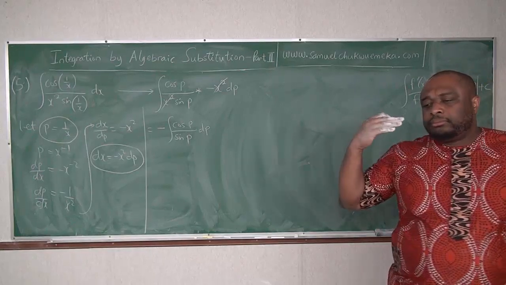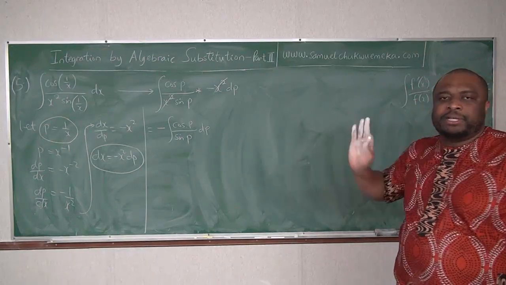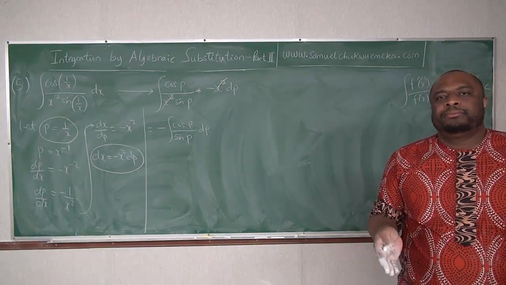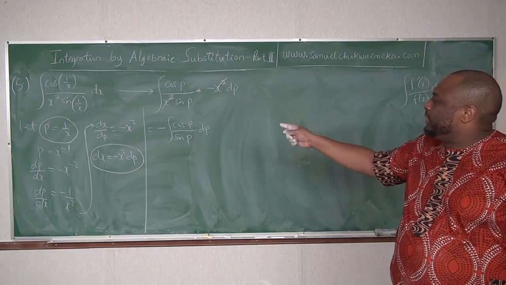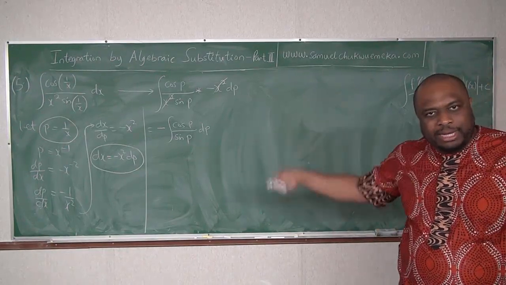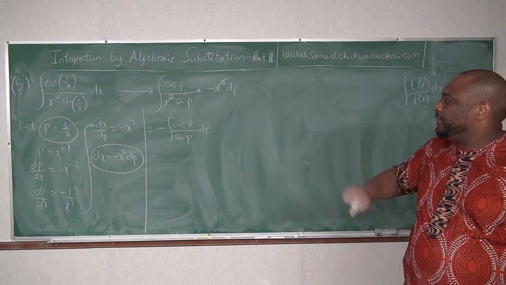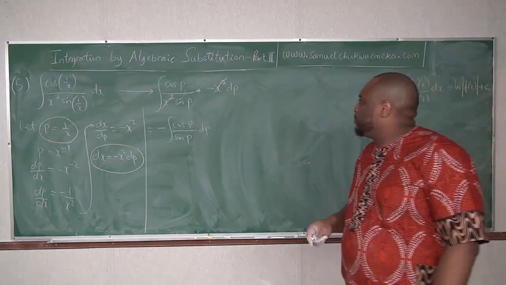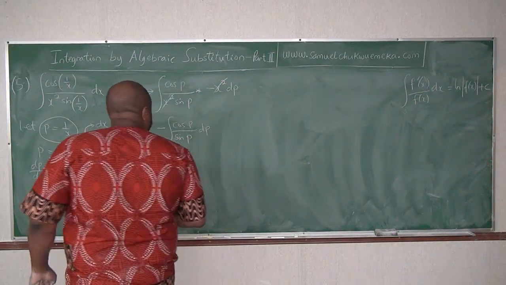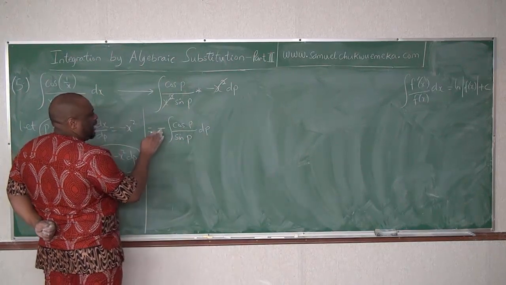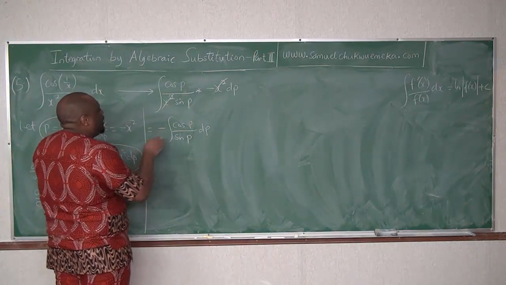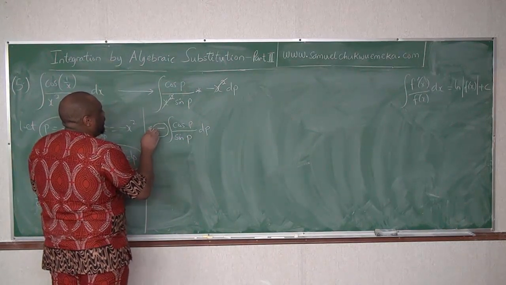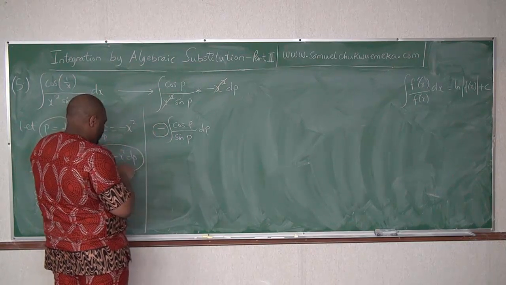Now, but let's say your professor didn't give it to you. You will now have to do another substitution here to solve it. So, what variable do I use now? I will leave this negative 1, I'll keep it.